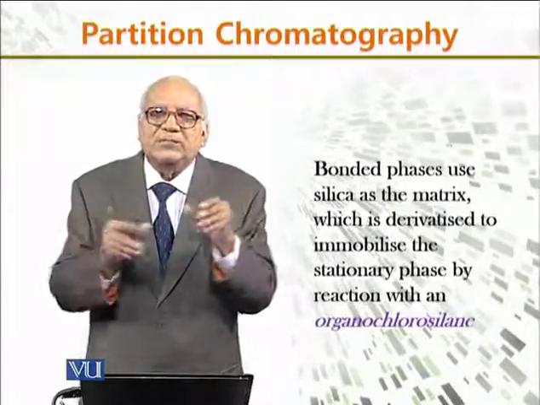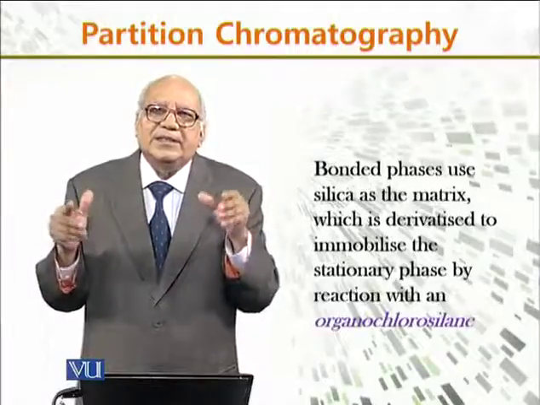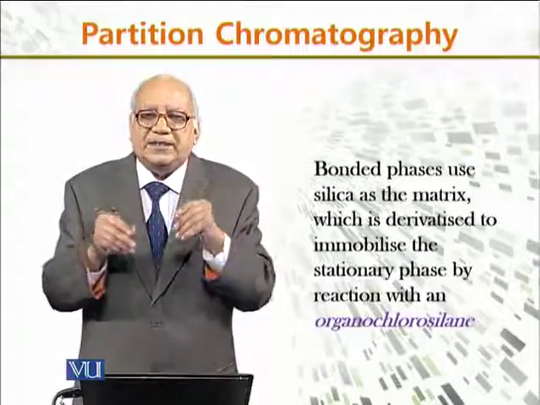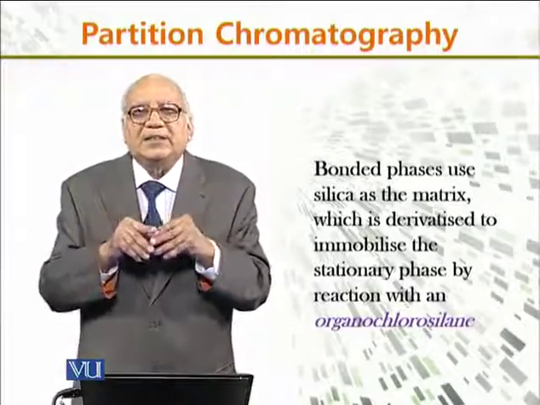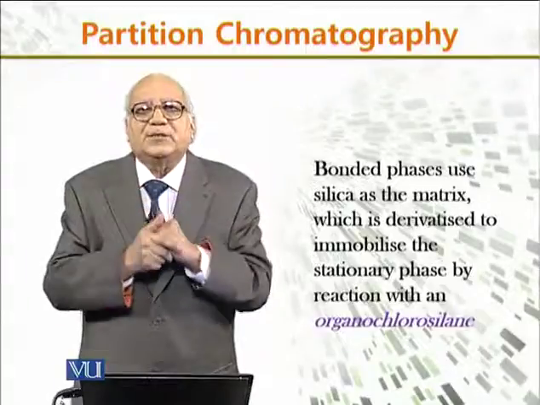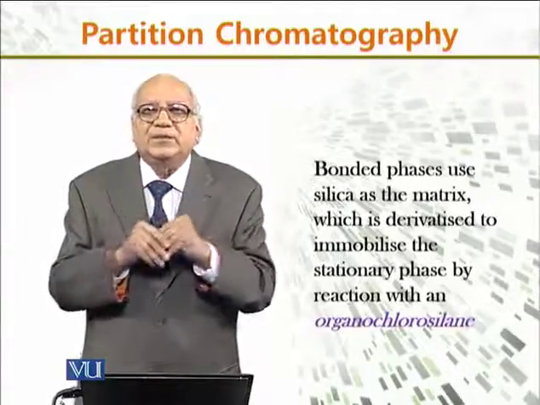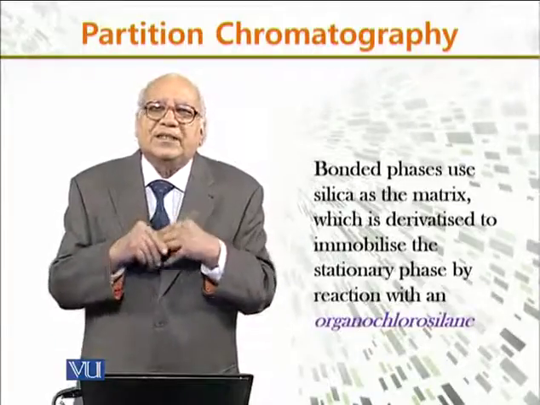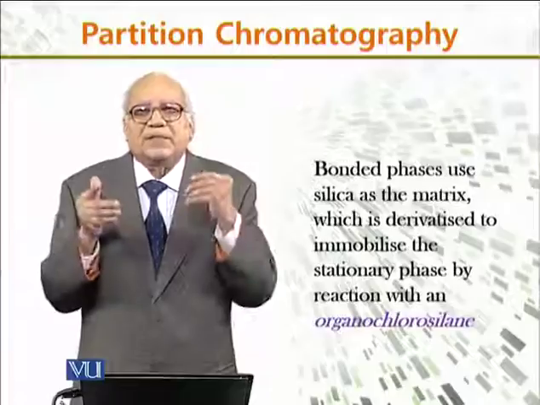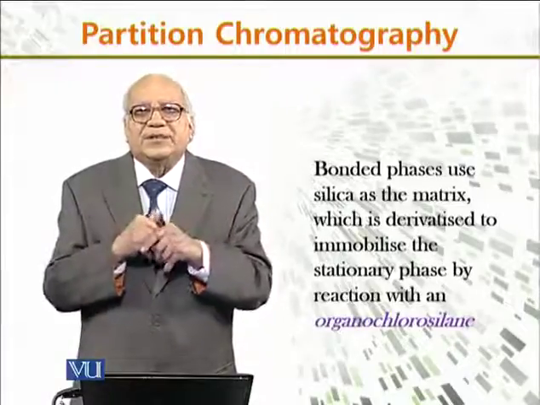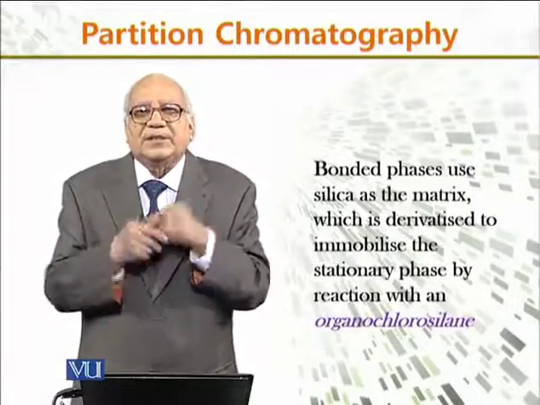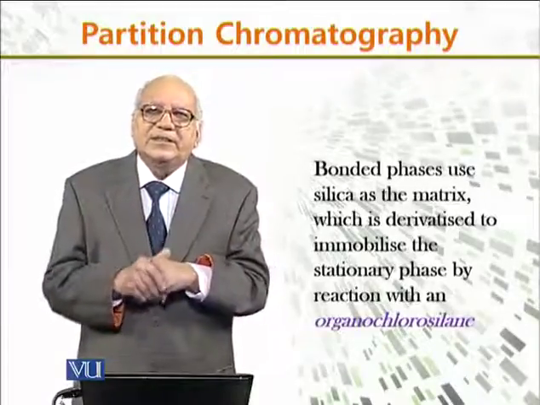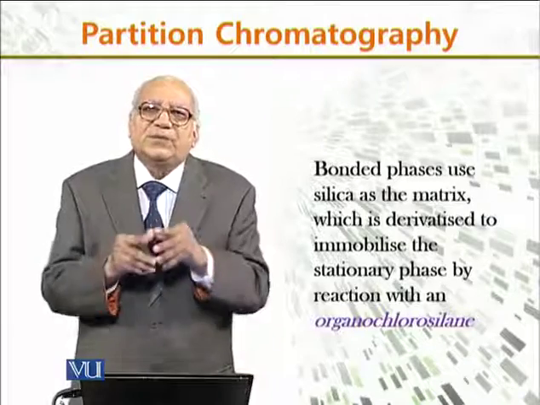So the silica is bonded to the organochlorosilane, and this provides a support which cannot be removed during the elution process. The chromatographic conditions of our column remain unchanged, giving similar, uniform results.